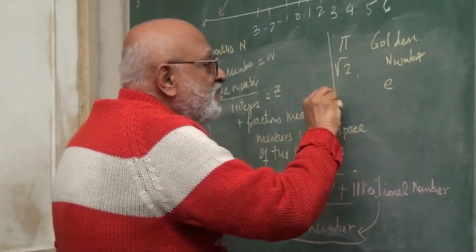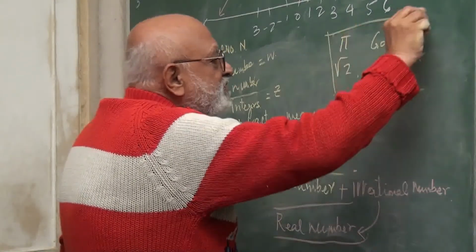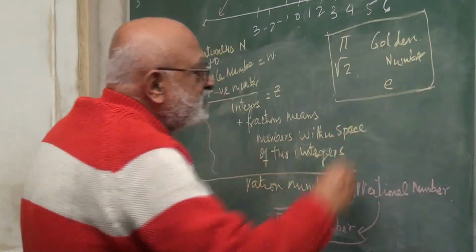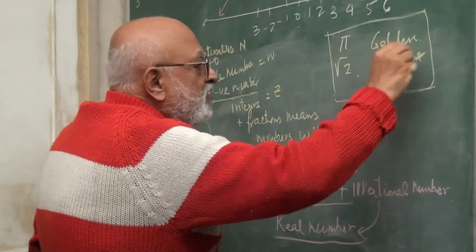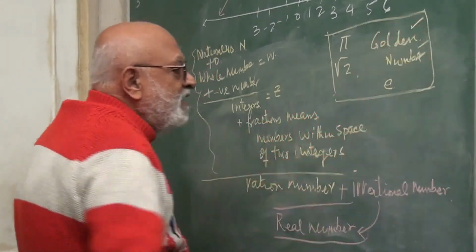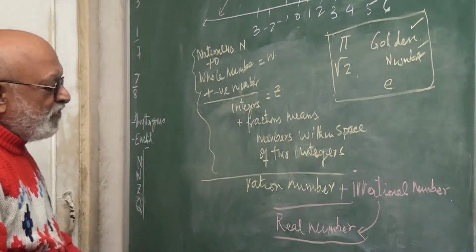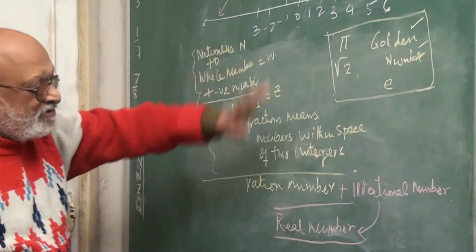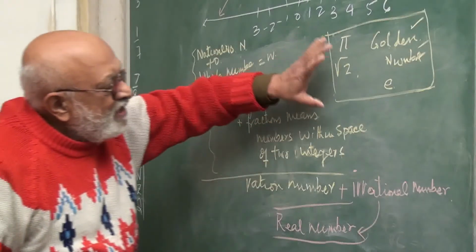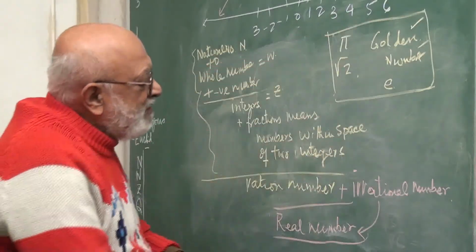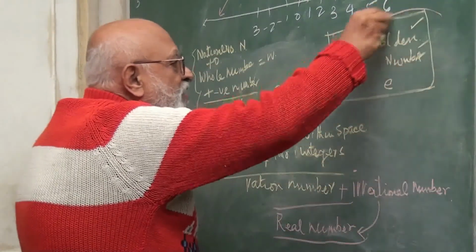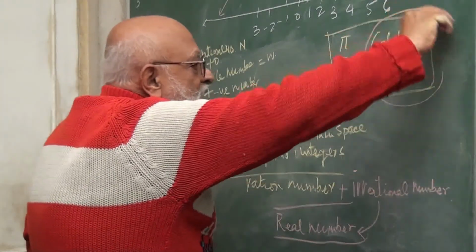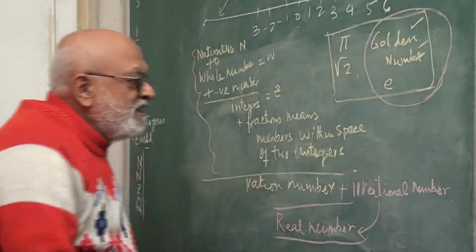So these numbers are famous irrational numbers. I will talk about them a little bit later. I don't want to add too much and confuse you. The golden number and e are not in your syllabus, so I will not consider them now.